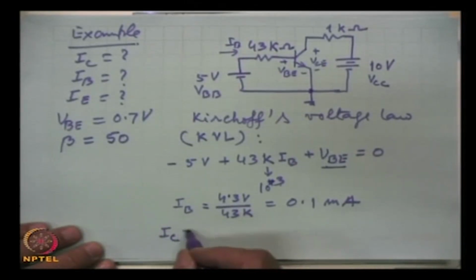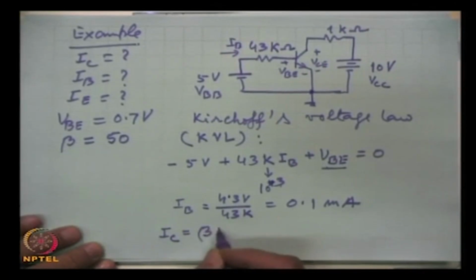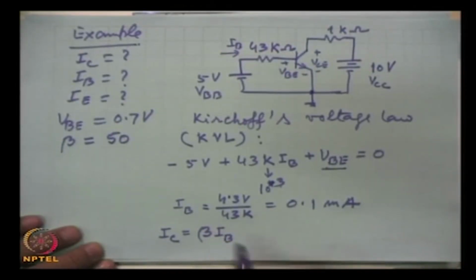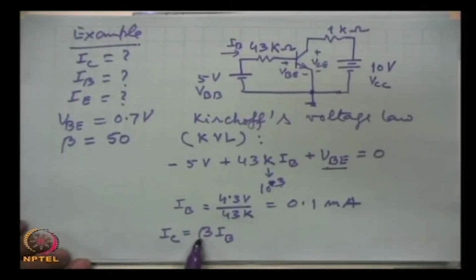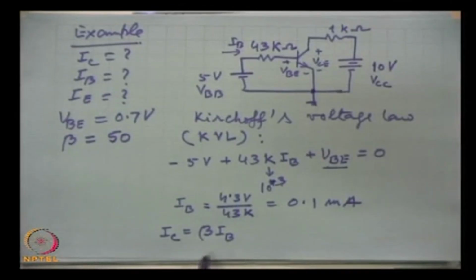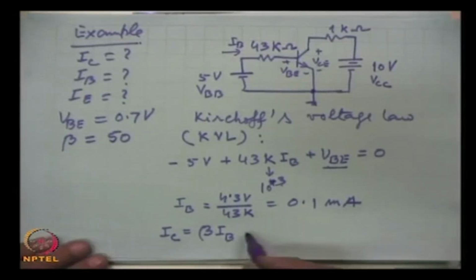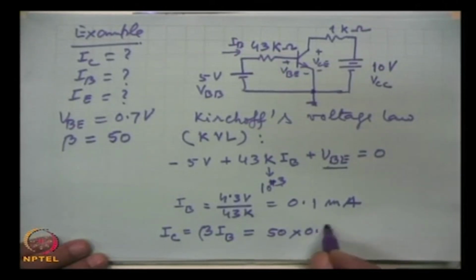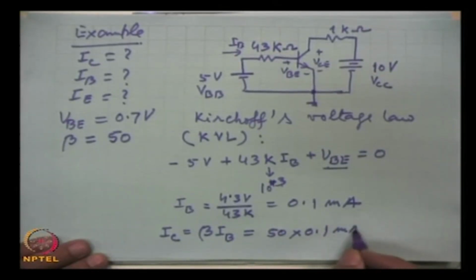I C we know is beta times I B, because beta was defined as the ratio of these two currents, output current by input current. So, here we can use this relation in this form, very widely used in transistor circuits, and this is 50 into 0.1 milliampere.